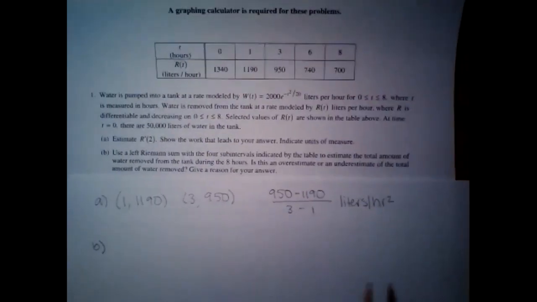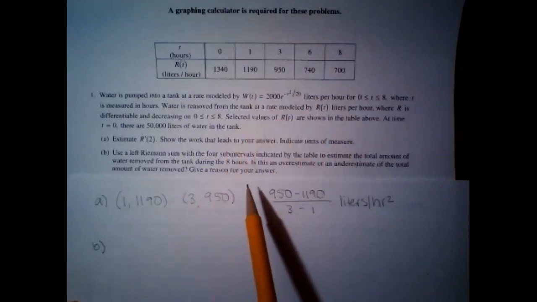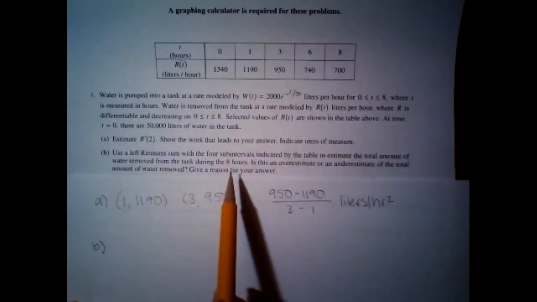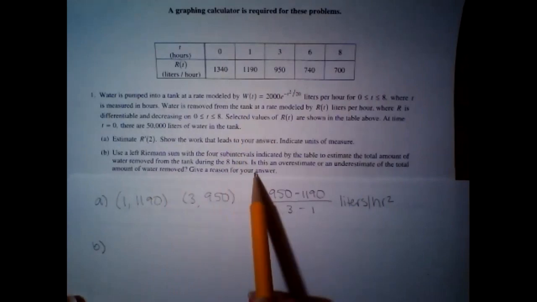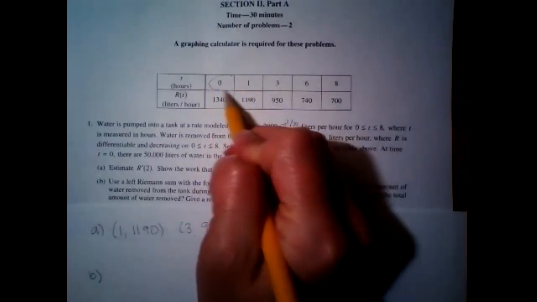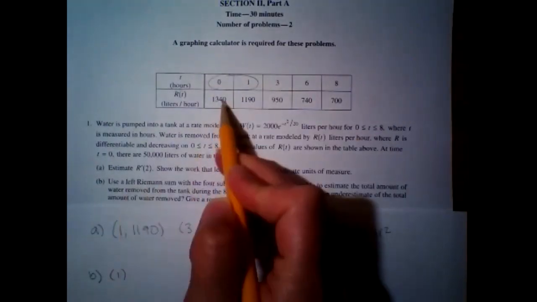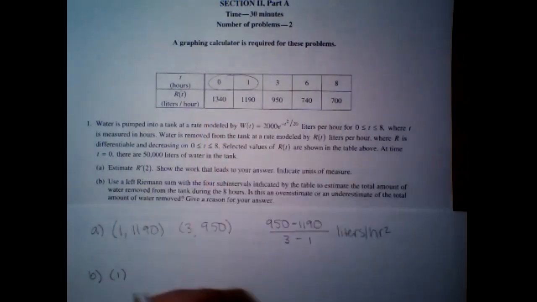All right, letter B, use a left Riemann sum with the 4 subintervals shown in the table to estimate the amount of water removed in the tank during those 8 hours. All right, let me do that first, and then we'll answer the second part of it. So our first subinterval from 0 to 1, that's just 1, and it said a left sum, so the number on the left is 1340.